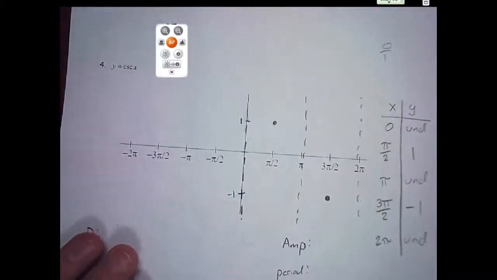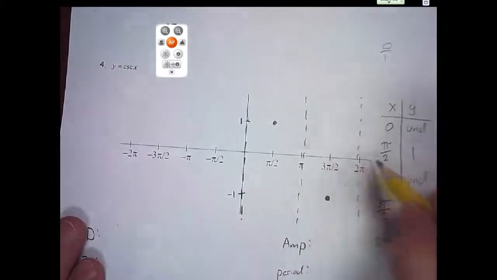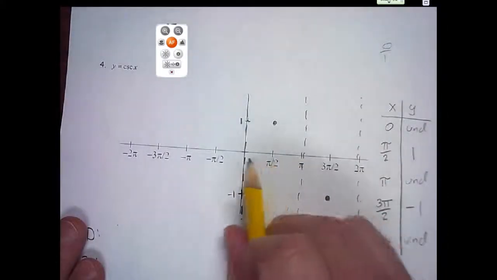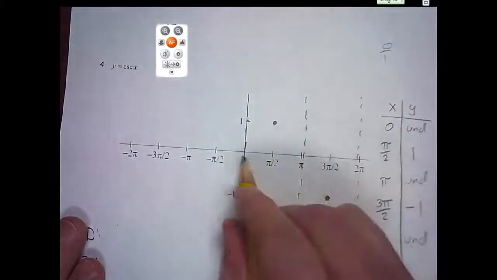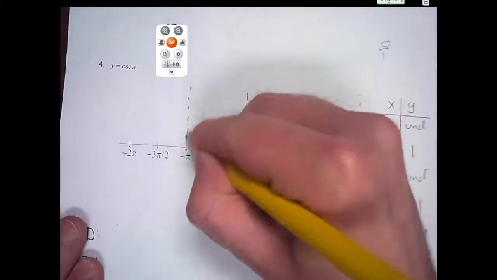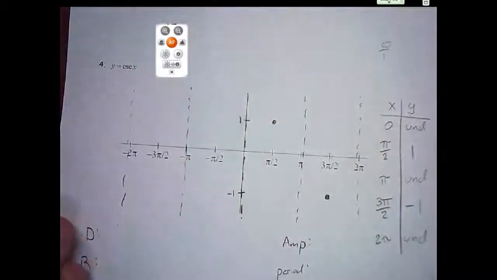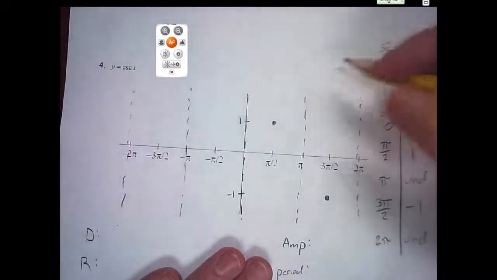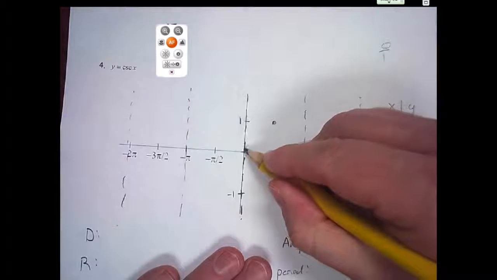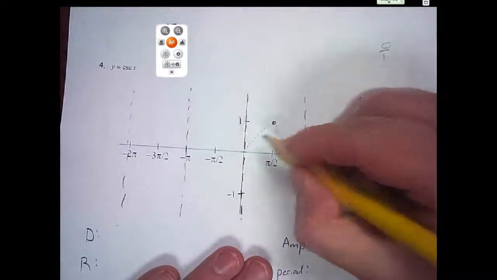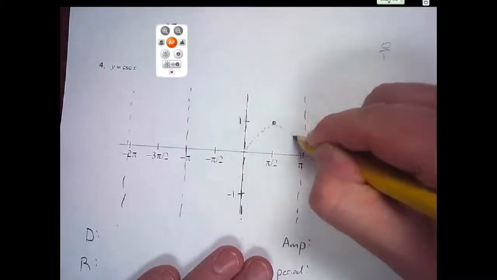Now, I know all of these asymptotes are going to keep doing the same thing. You kind of see that it skips a point, right? So it's going to skip a point, asymptote, skip a point, asymptote, right there. Now, sine kind of looks like this.